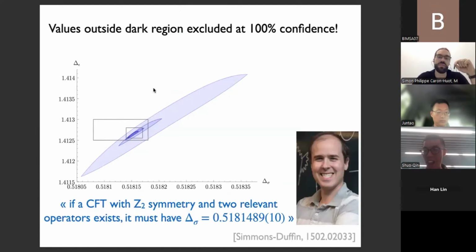Now you've excluded everything outside of a little island. And the slogan or statement you make from this is that, well, if a theory with this assumption exists, then its scaling dimension must be this number in this band. So that's how we use this self-consistency in the bootstrap to calculate things.